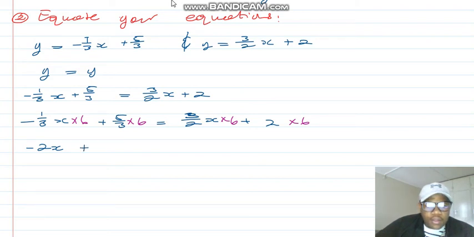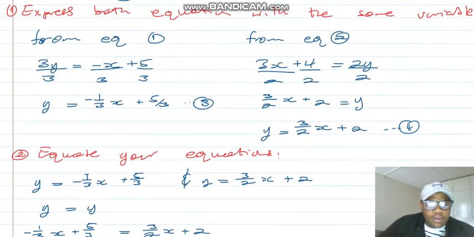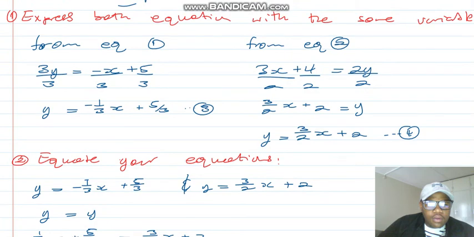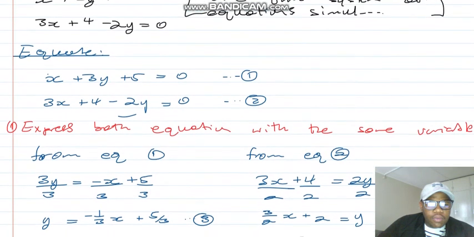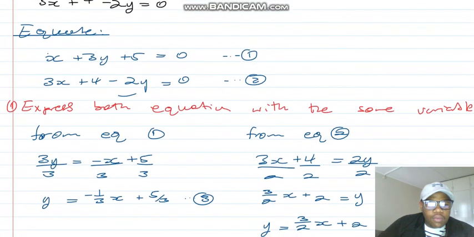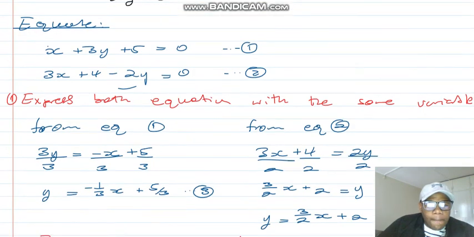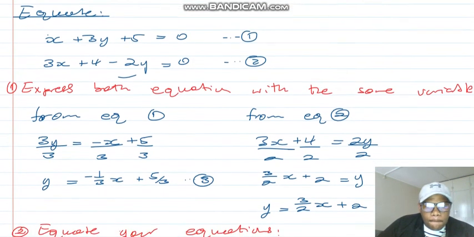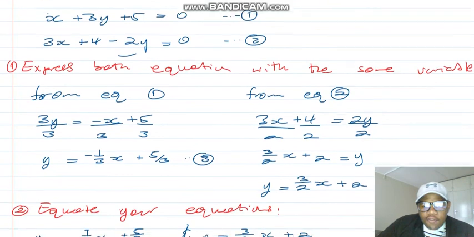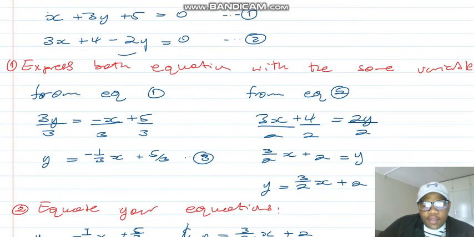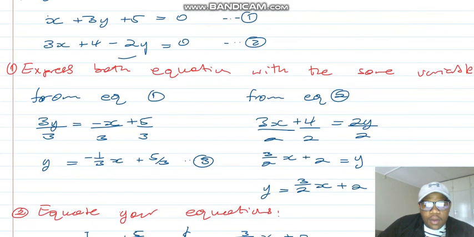Is it? Okay, let me just check. I think I made a mistake somewhere. Guys, if you see where I could have made my mistake, please let me know. I can't see it now.